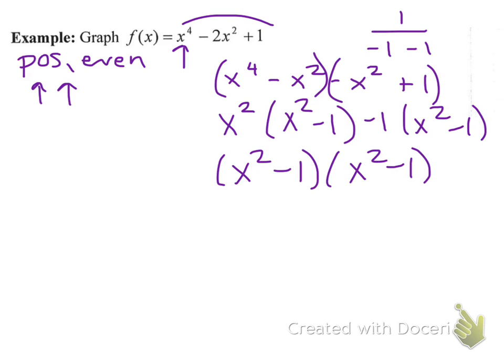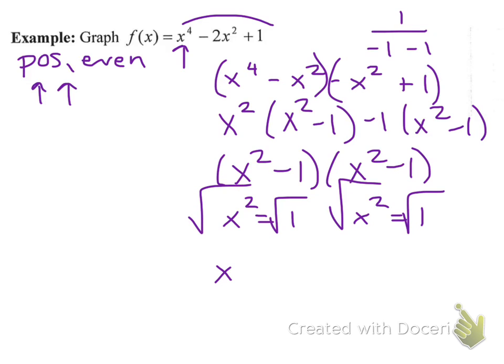And we know we set these both equal to 0. So when I do that, I'm going to get x squared equals 1 for both equations. And then we take the square root, and here I get x equals plus or minus 1, and over here I get x equals plus or minus 1.